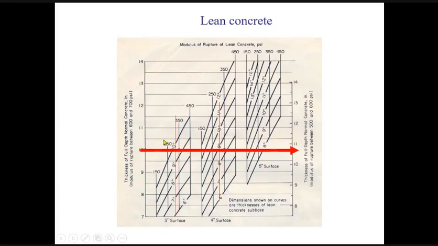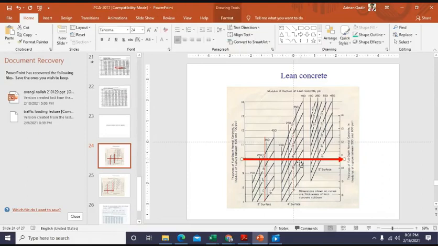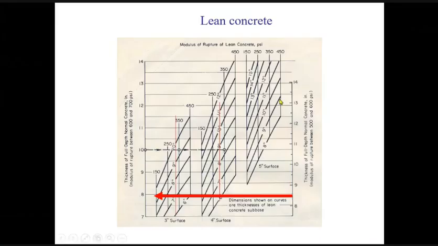It's very easy. What you need to do is, in this problem, I had a value of 8.5 as my final thickness. And since my modulus of rupture was between 500 and 600 psi, I will use this side of the table.